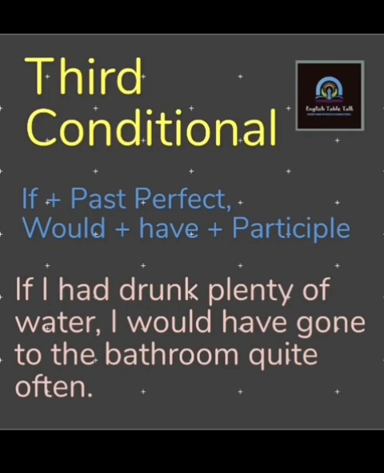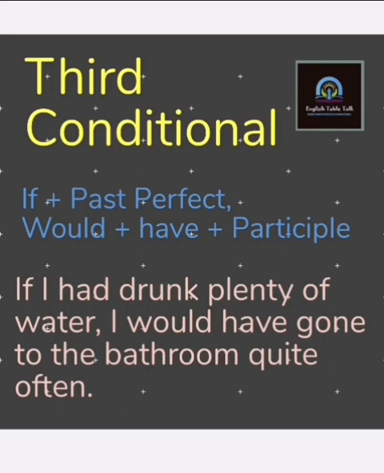I don't know if you guys know or remember the structure of the past perfect, but we have to use our auxiliary verb have in the past tense plus the past participle. In this case, my example, had drunk. Don't say had drank. I know many people confuse drank, the past tense, with the past participle, but in this case, it's with u. Had drunk, okay?